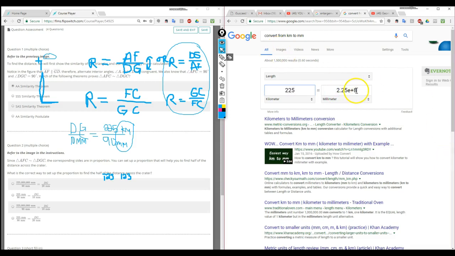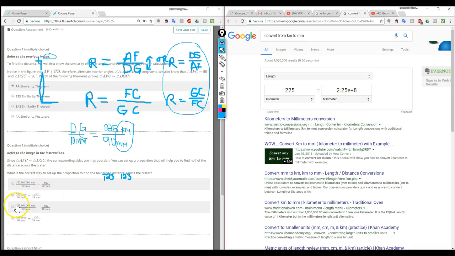Now this E plus 8, that means that there are 8 spaces past 25. So that means there's 6 more zeros tagged on to the end of 2.25, which this has.